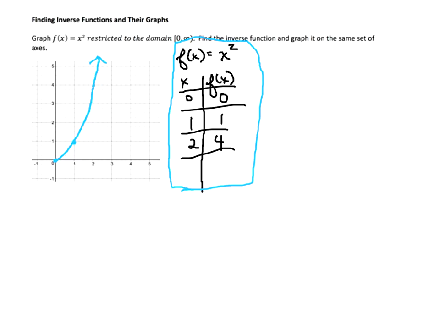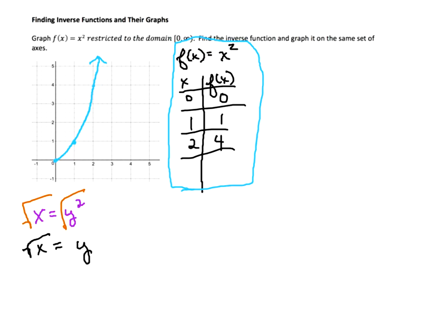So the first thing I'm going to do is replace x and y. So this is x equals y squared, and then I need to solve for y. So I need to take the square root of both sides. And in this case, y equals the square root of x.